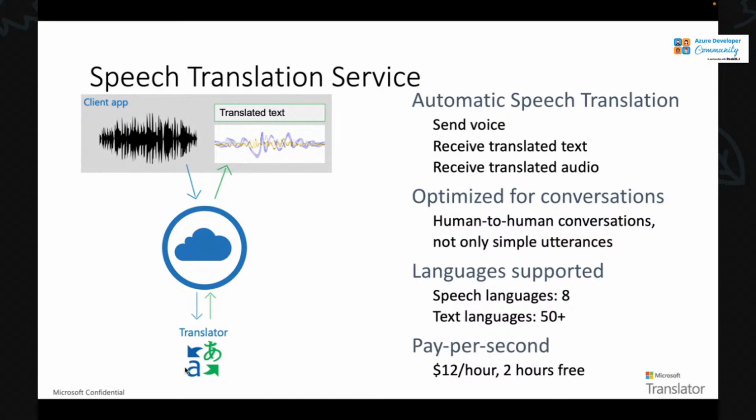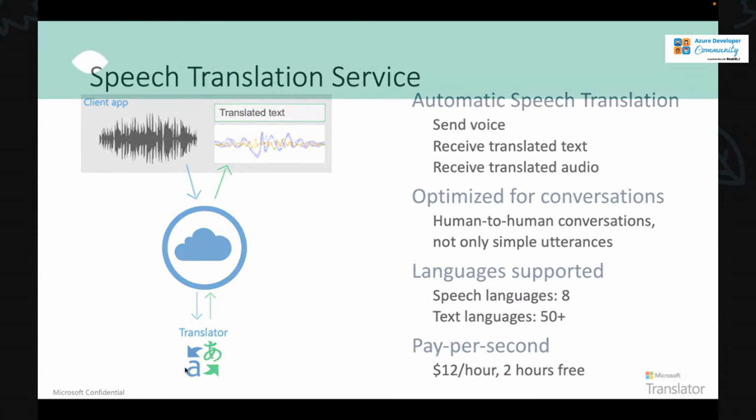It goes under transcribe plus transcript, and is optimized for conversations, for human to human conversation, not just simple utterances. For speech it supports around 8 languages, and for text 50 plus. You pay per second. Typically it's $12 per hour, with 2 hours free for speech. If it's translation alone, then you have 2 million characters free in the free tier.